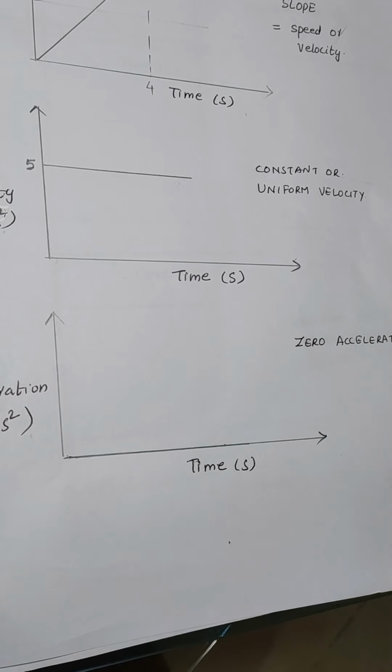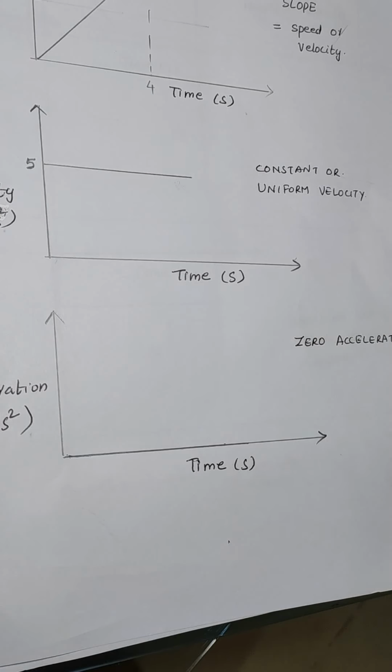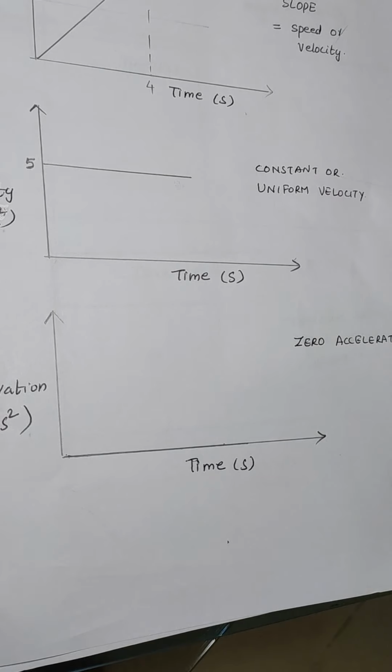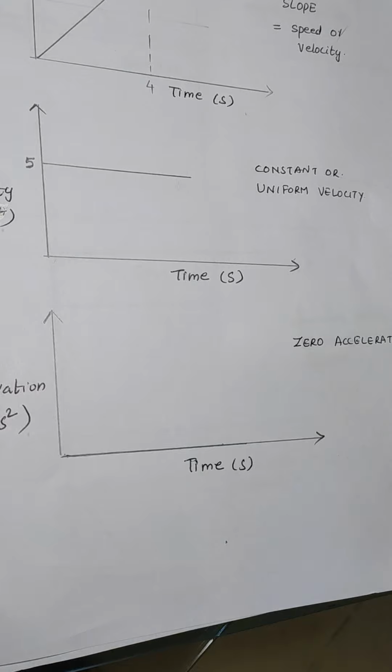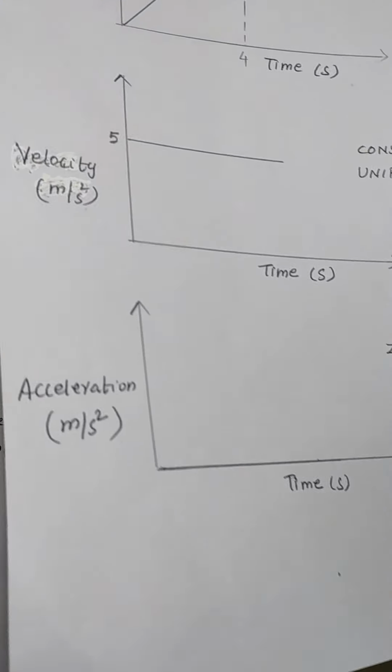Now, to confirm it, you can see that the uniform velocity is a graph which is parallel to the time axis. Now, what is the slope of any line which is parallel to the x-axis? The slope is 0. So, the physical quantity that represents the slope also becomes 0, which means acceleration is 0. I hope this concept is clear.